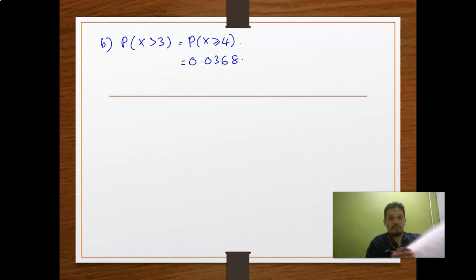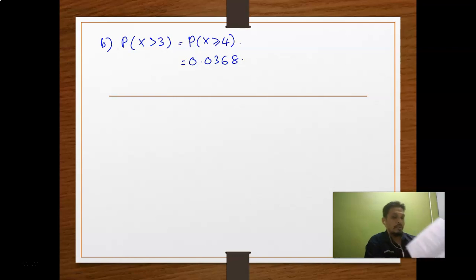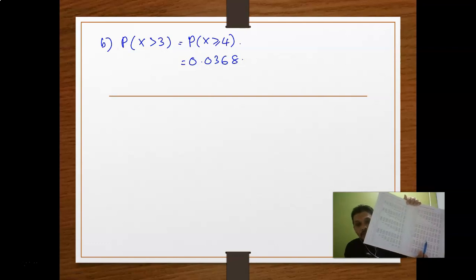Where n equals 5 first, and the probability of success is 0.3, and r equals 4, it intersects at a value of 0.0308. Try to find it by yourself.